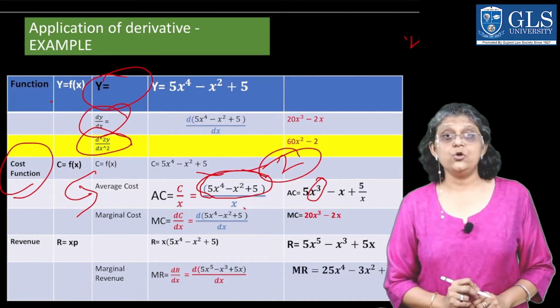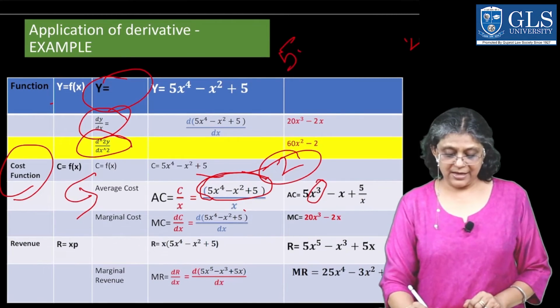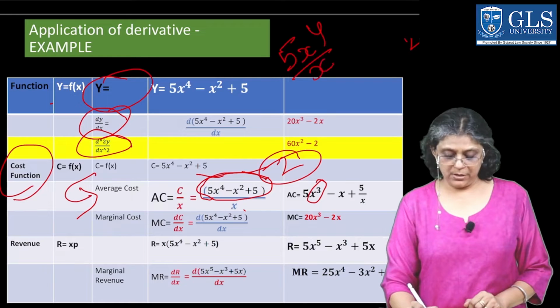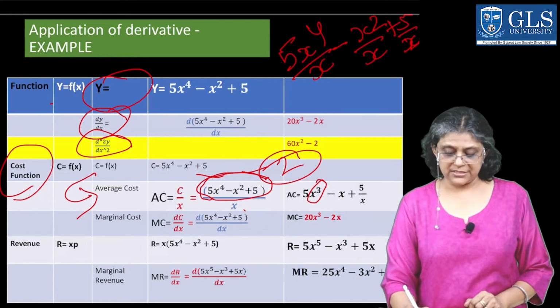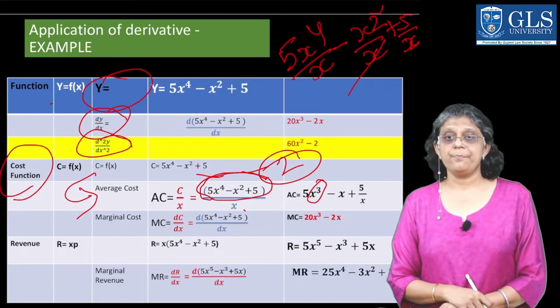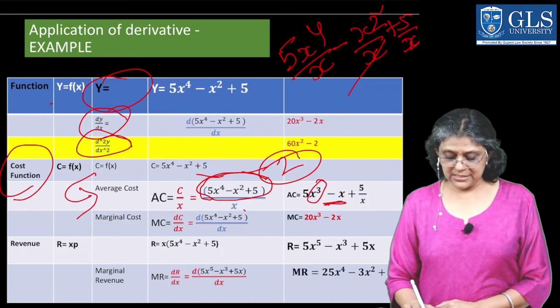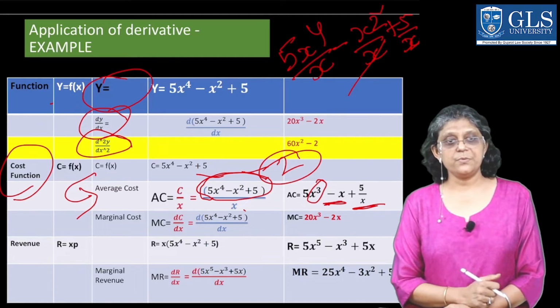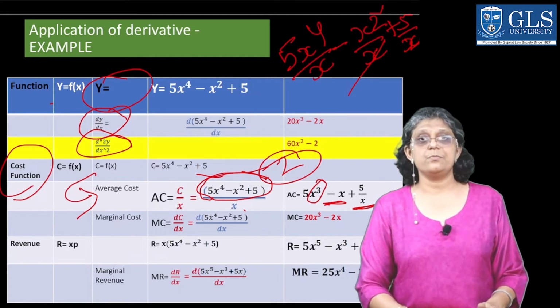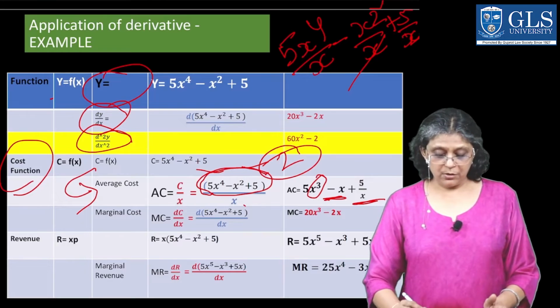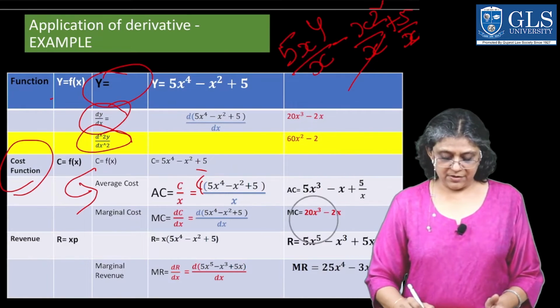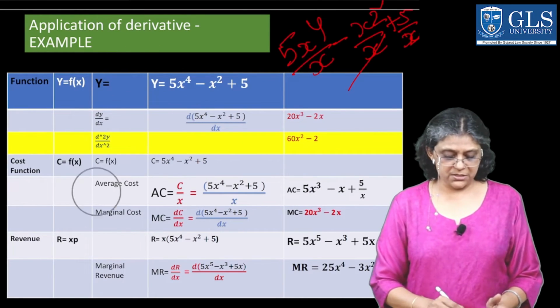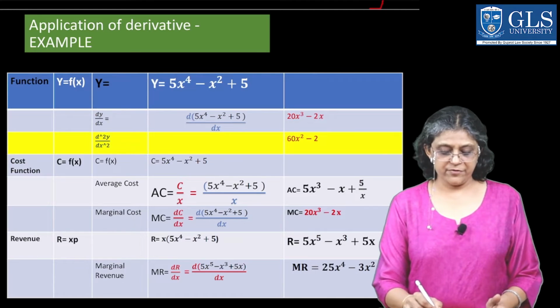Here x cube results, because 5x raised to 4 upon x, minus x square upon x, plus 5 upon x. The x cancels, and that is why I get minus x and 5 upon x. Student, are you clear? Are you with me? First of all, please tell me, are you with me? Okay. So we are clear that we have got 2 answers. One is the cost equation, one is the average cost.